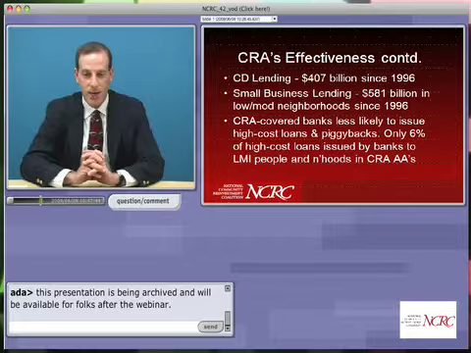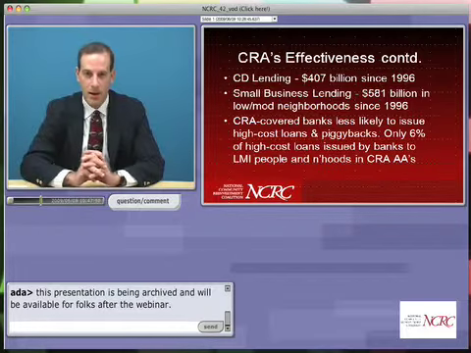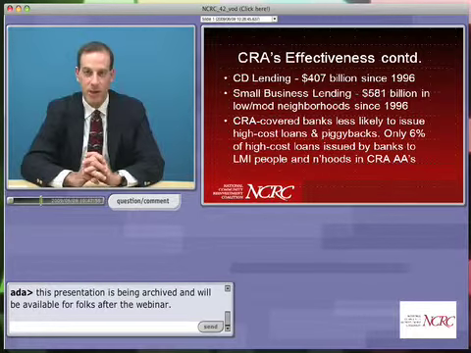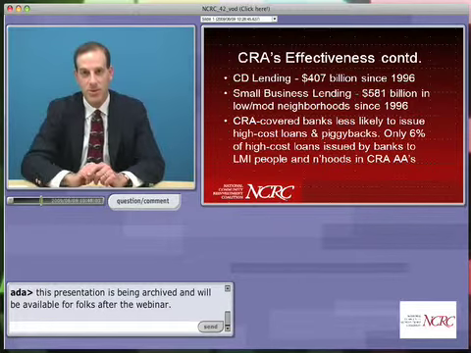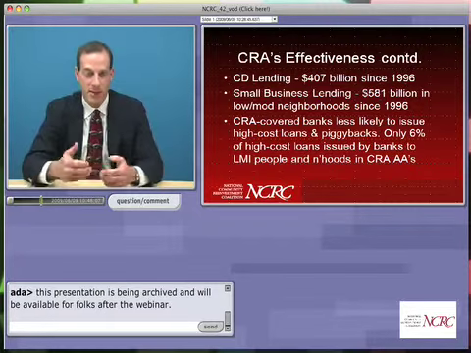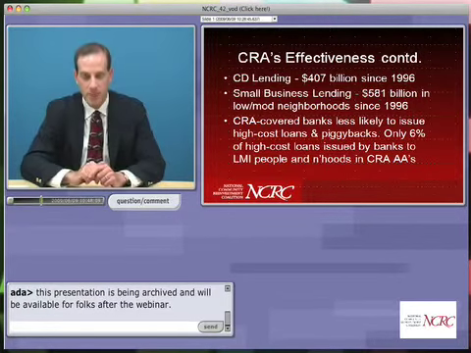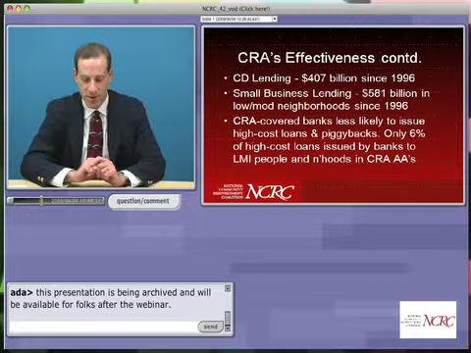And just in the last 12 years, 1996 through 2007, there was more than $1 trillion of small business loans and community development loans. So I just wanted to give you a concrete example: in a 12-year time period, just two loan types, $1 trillion. And I didn't even talk about home lending. Home lending is actually in a much higher volume than the two loan types that I mentioned.